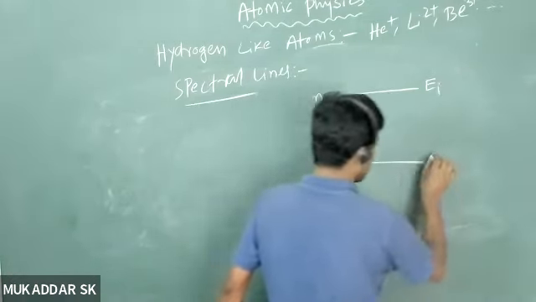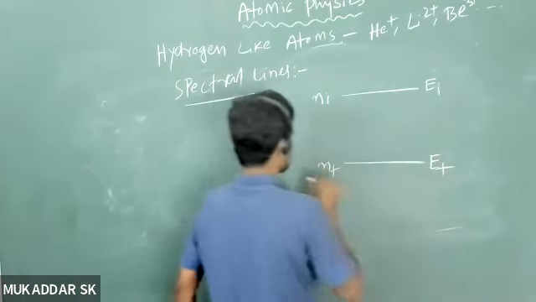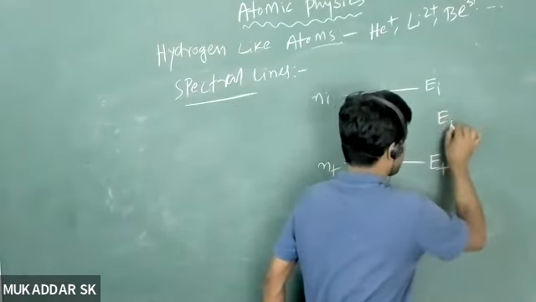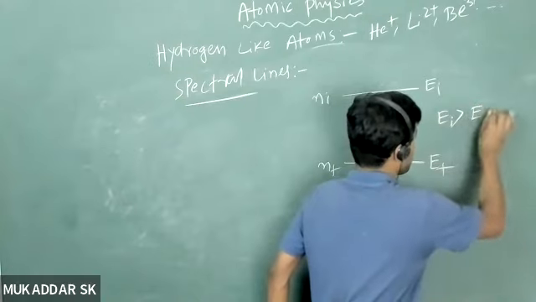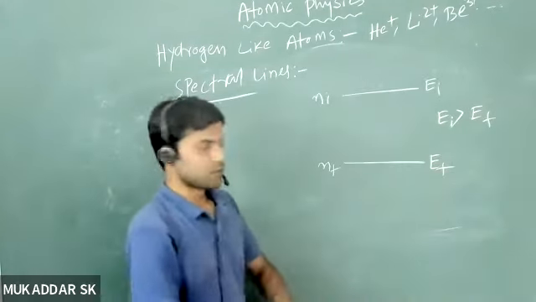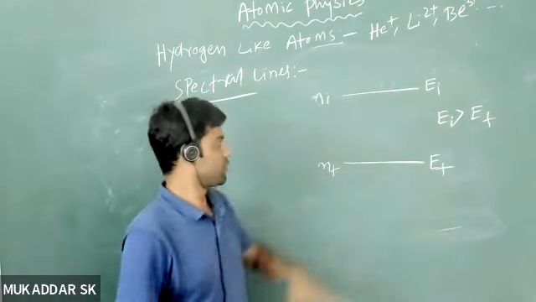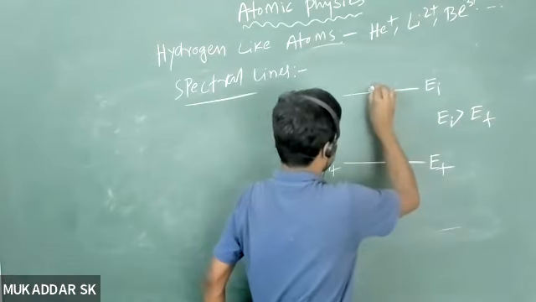For this level, energy is EF. Also it is given that the energy of the initial, ith level is higher than the final level. It means the energy of this state is higher than the energy of this state. And also let us assume electron is sitting here.